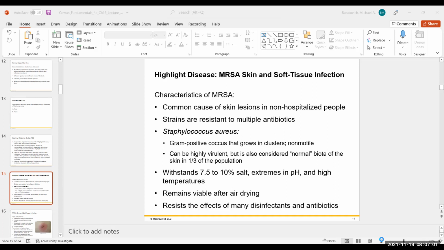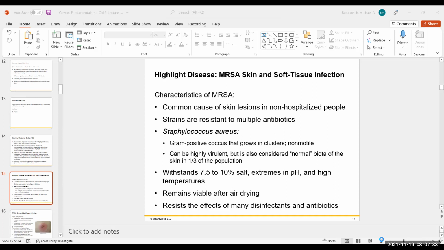Or it's caused by a co-infection of staph and strep. So in these cases, the lesions usually develop over previously damaged skin. So for example, mosquito bites or scrapes or something like that.